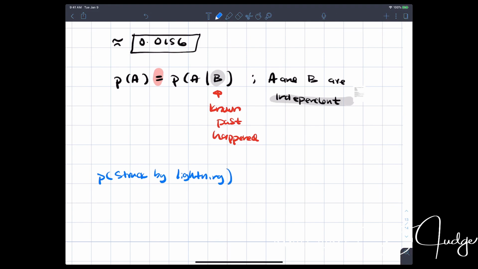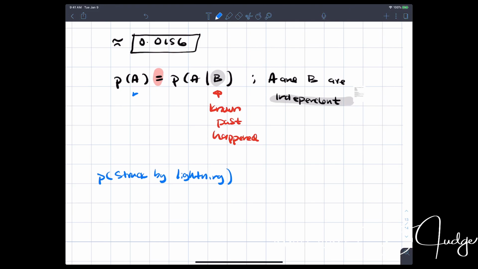So let that be your A, being struck by lightning. This is A right here. I don't know what it is. It's something like 1 in 750,000 people, I guess. I thought I remember that statistic. I could be wrong. But that's the chance you get struck by lightning.